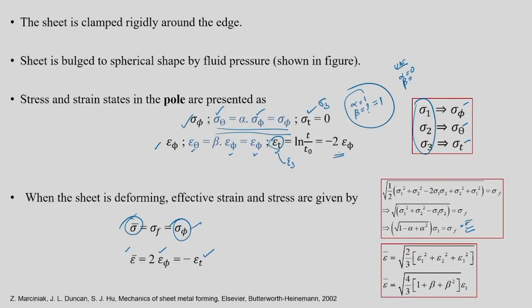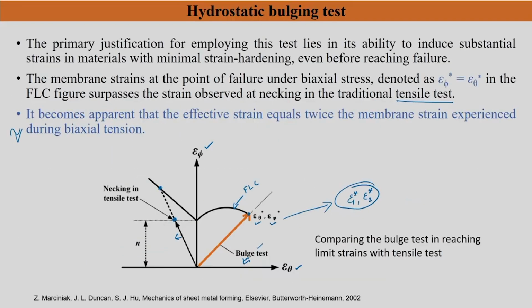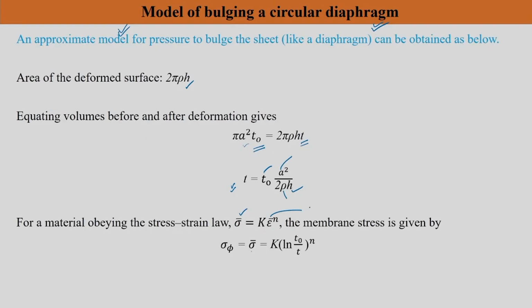Epsilon bar is nothing but minus epsilon t, which is nothing but ln of T naught by T. It is generally T by T naught, but because you have minus, I am writing ln of T naught by T power n. This will be useful for us.